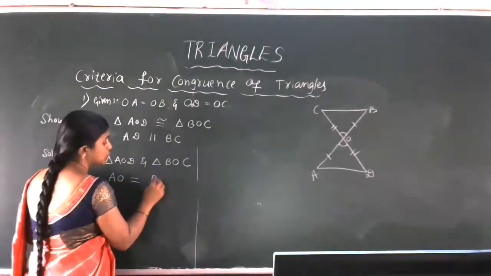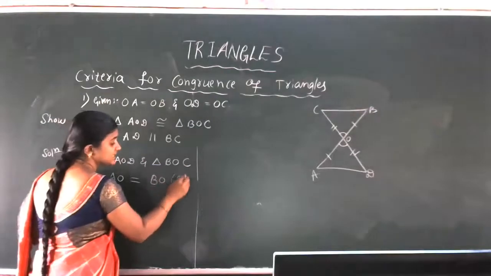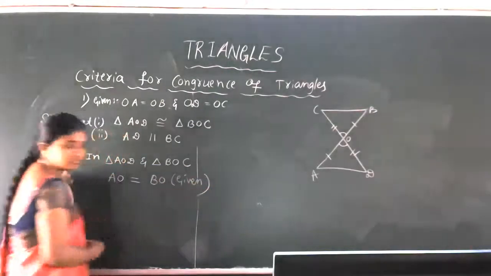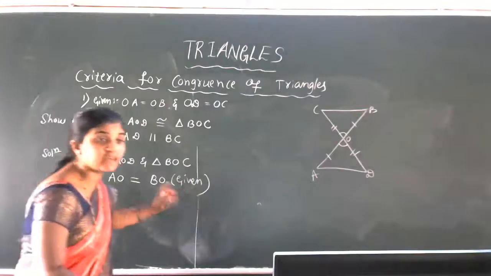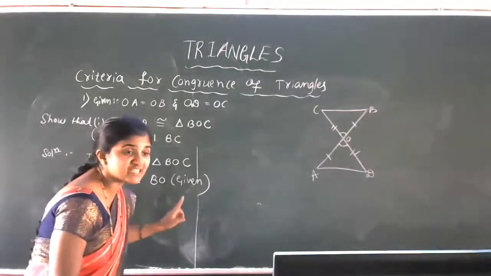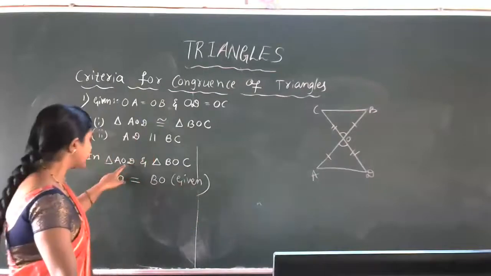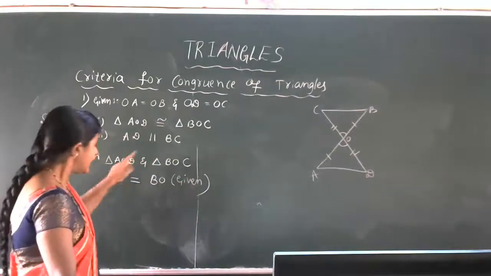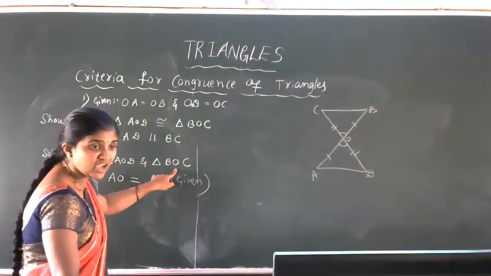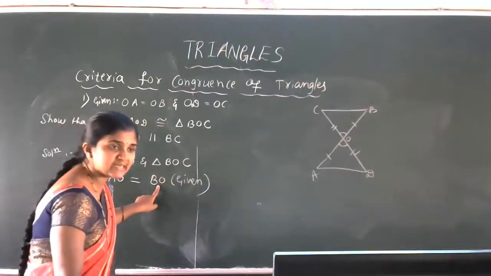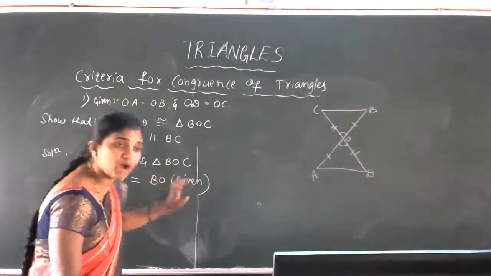What is the reason? Given. Reason is very important. For each and every step, you have to write the reason in brackets. So AO is equal to BO, given.